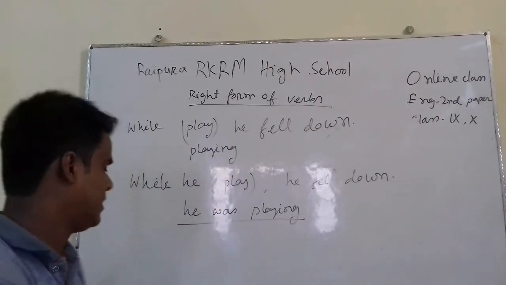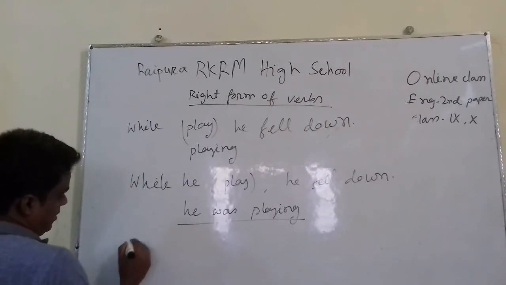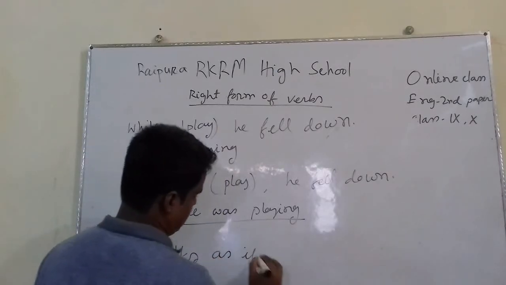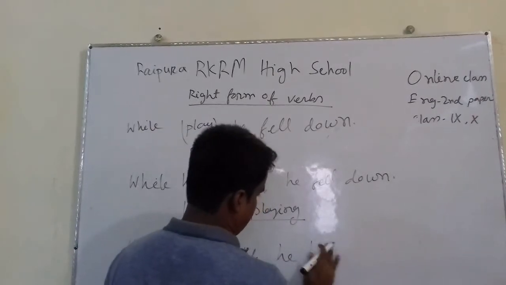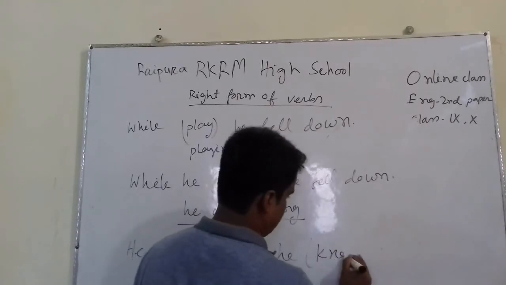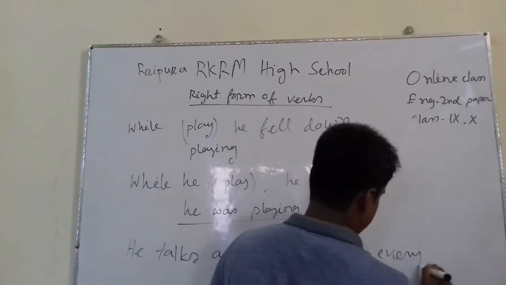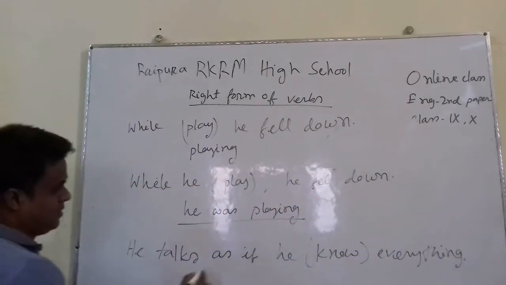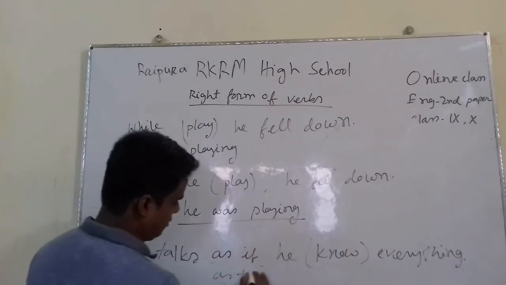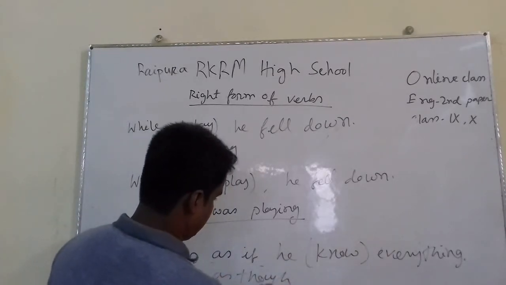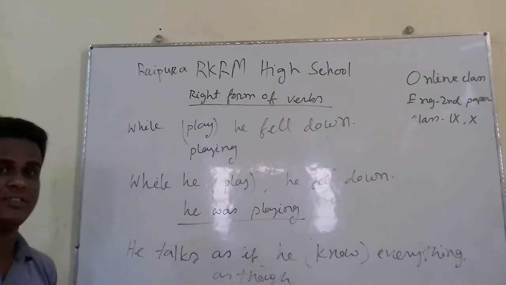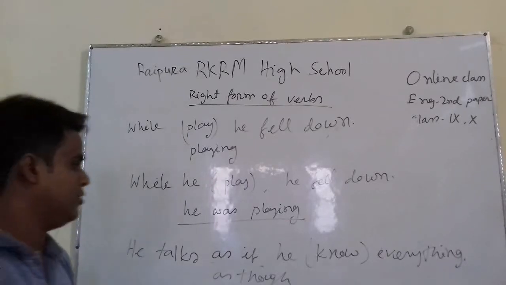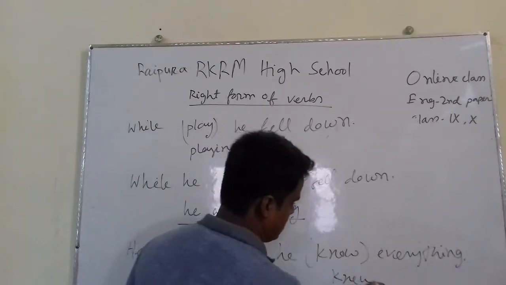Now look at another example, another rule. The rule here is, if there is "as if" or "as though" in a sentence, then we will use the past form of the verb.